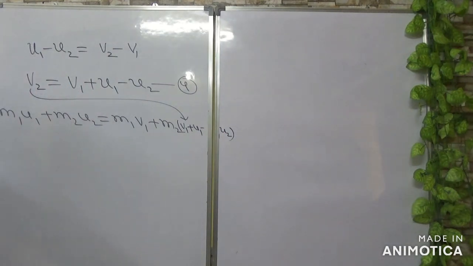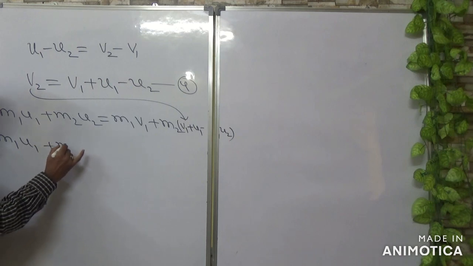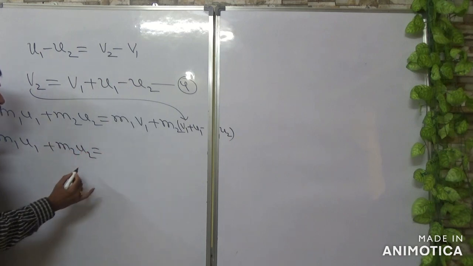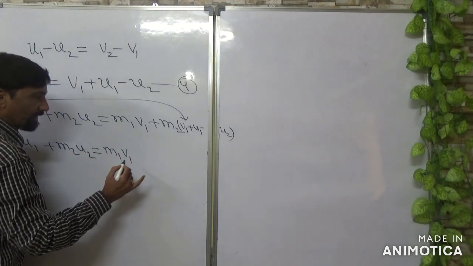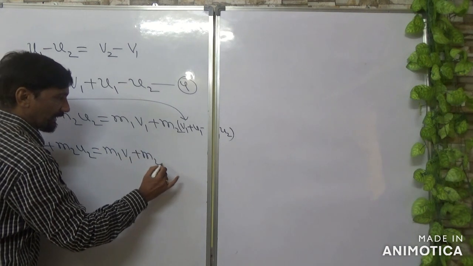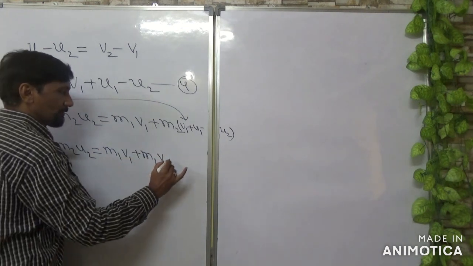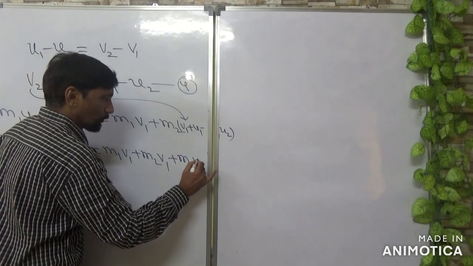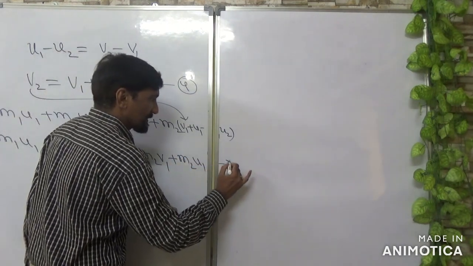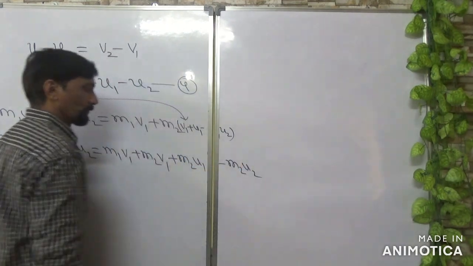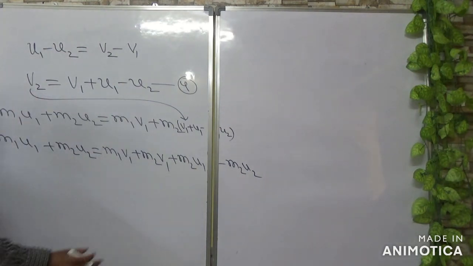By simplifying, you can find the final velocity. So m1 u1 plus m2 u2 equals m1 v1 plus m2 v1 plus m2 u1 minus m2 u2. So you bring all u1 and u2 terms to the left side.